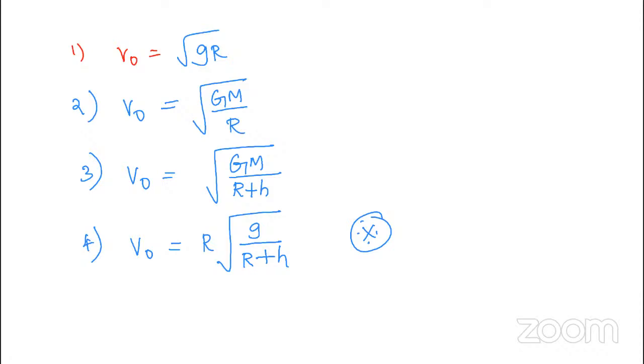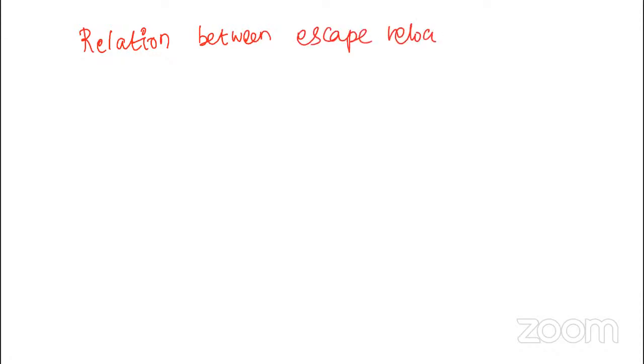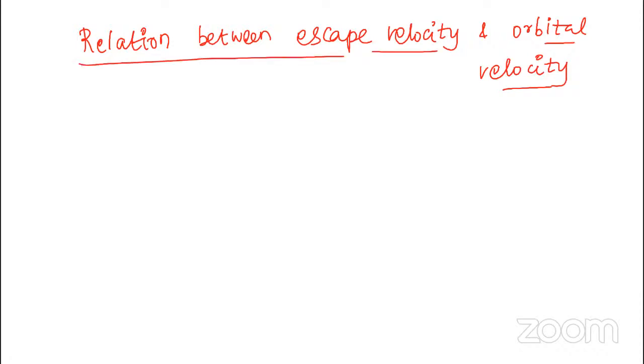Yes, okay, good. Now we can go for the relation between escape velocity and orbital velocity. We already know the relation for VE: VE is equal to square root of 2 into g into R. What is the value of V naught?